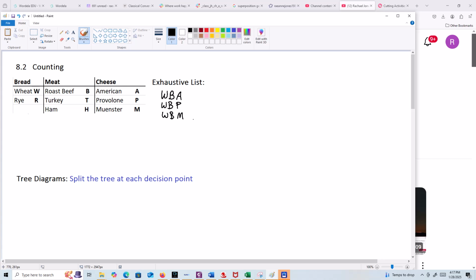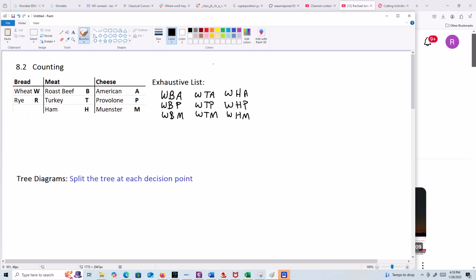All right, from here on out, I'm just going to say M. Then we could also do the wheat with the turkey in the American, or the wheat with the turkey in the provolone, or the wheat with the turkey in the M. Then we could also do the wheat with the ham in the American, the wheat with the ham in the provolone, the wheat with the ham in the M. Now we have exhausted all the options for wheat, but we're not done yet.